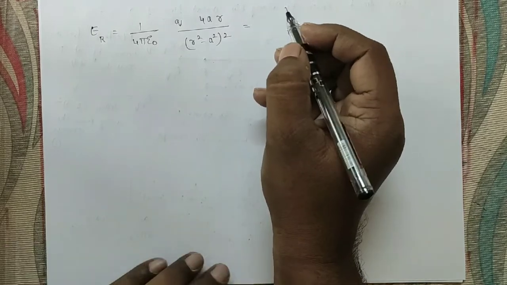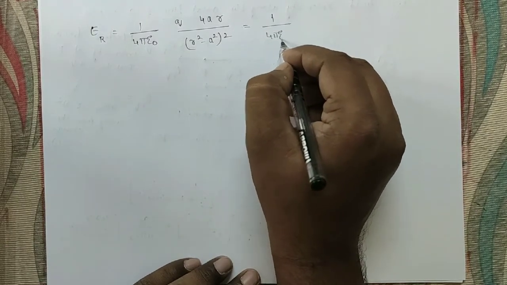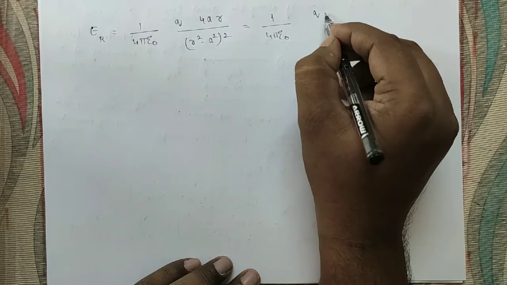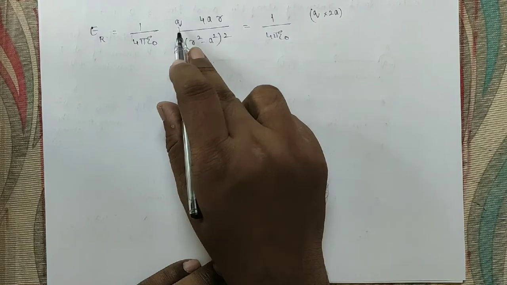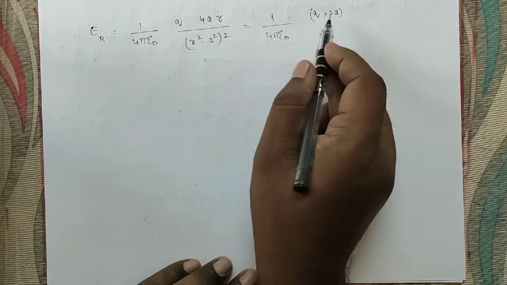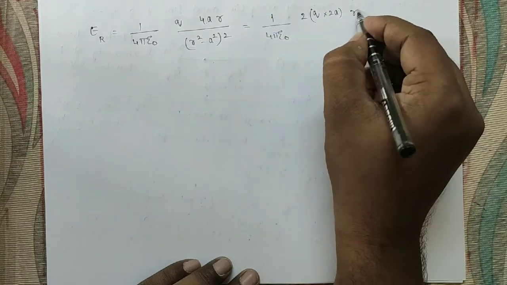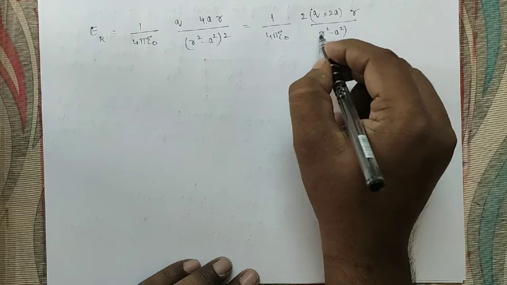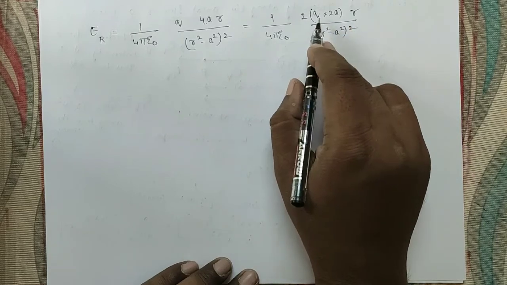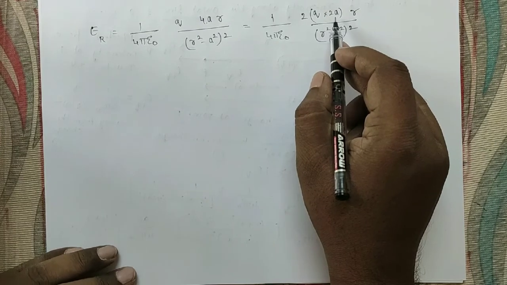So this is a small rearrangement I will do. 1 upon 4 pi epsilon naught, Q into 2A I will write together. We still have 2 because it has 4, already here we used 2. Still we have 2 into R by (R square minus A square) whole square. Already we discussed that the product of charge and the distance between the charges is the dipole moment.